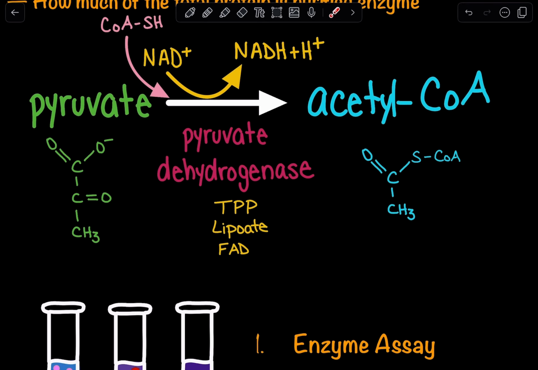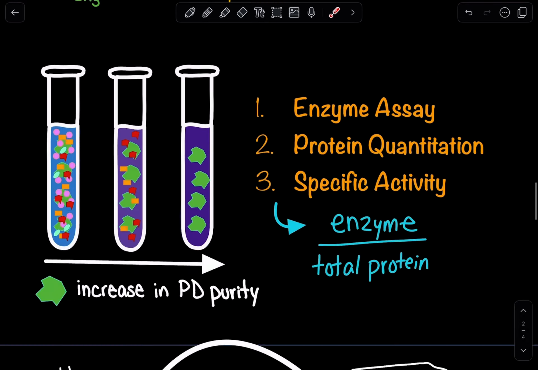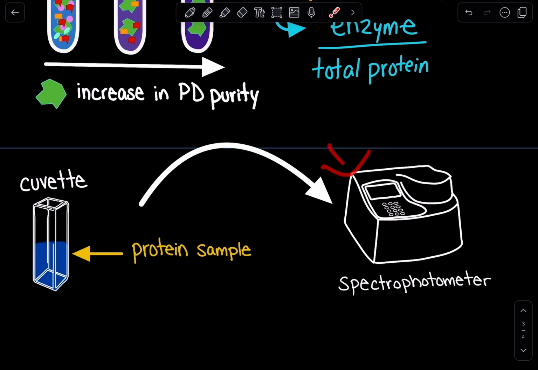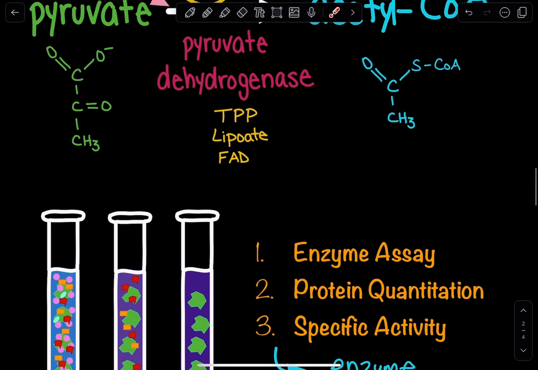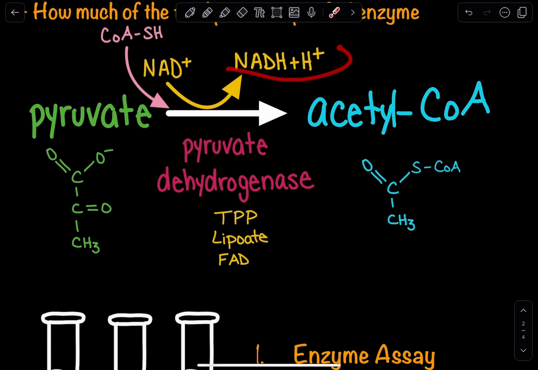When it's absorbing light strongly, we're going to see that absorption in our spectrophotometer, and the more pyruvate dehydrogenase we have, the more absorption we will see, because we'll see a greater peak in absorption since there's more NADH being produced.